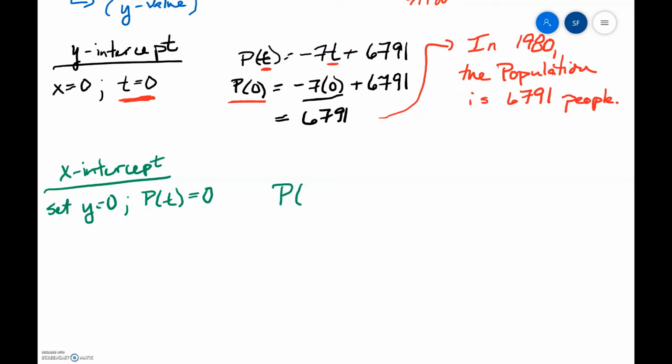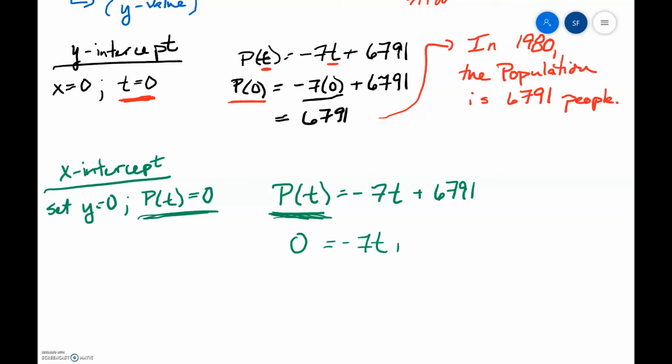Let me rewrite this again. Since P of t equals 0, I have to take this entire P of t and turn it into a 0.